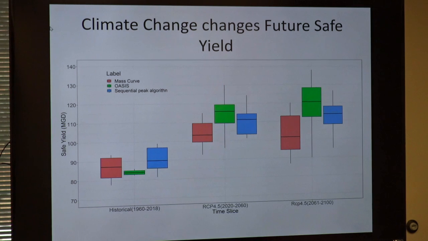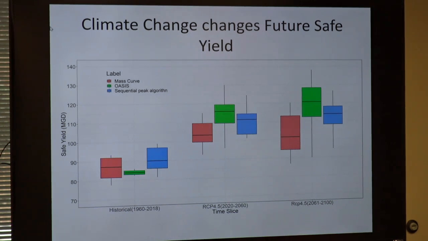So what I'm showing here is not just the historical safe yield as we calculate it, but also applying climate change scenarios to see how that would change. The x-axis is a time slice, historical, that's 1960 to 2018.